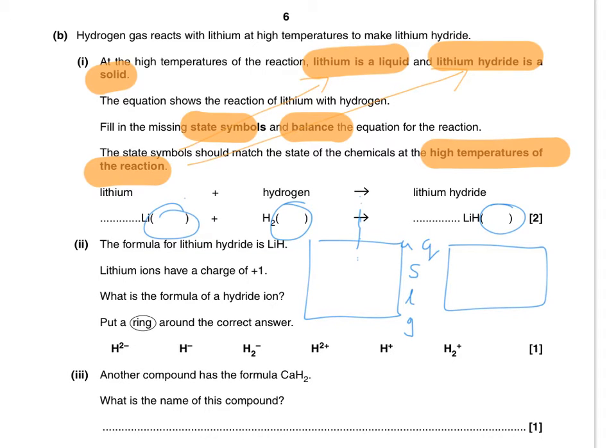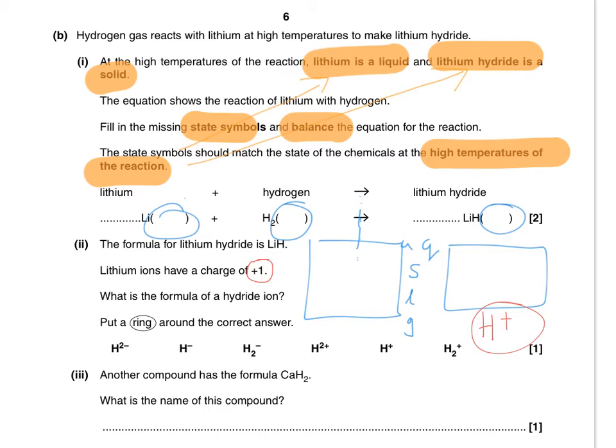because often hydrogen does have a charge of H+. And if we've done about acids, we'll know that acids dissociate to form H+ ions. In this case, lithium has a charge of +1.